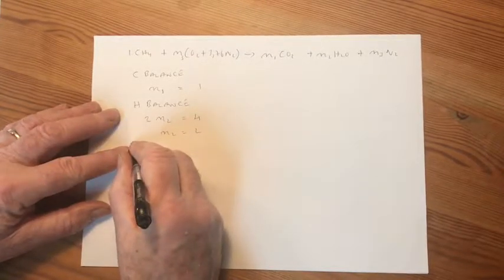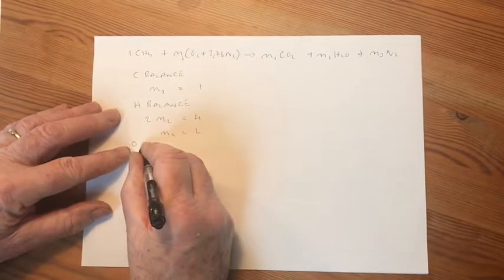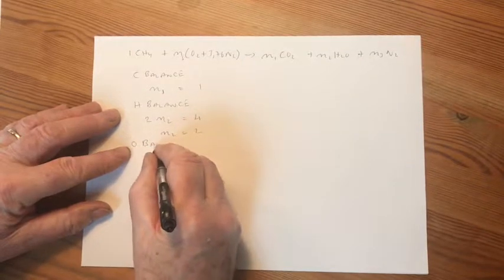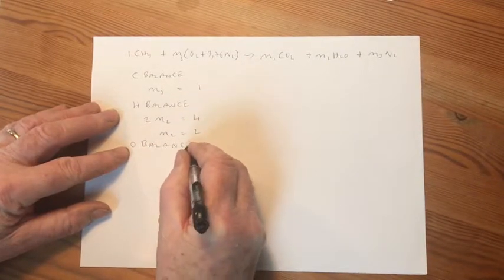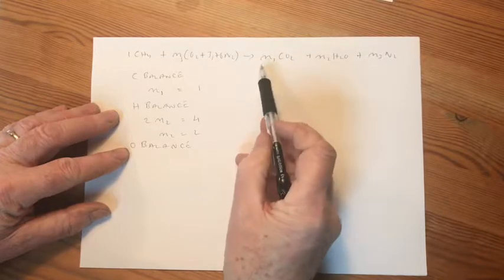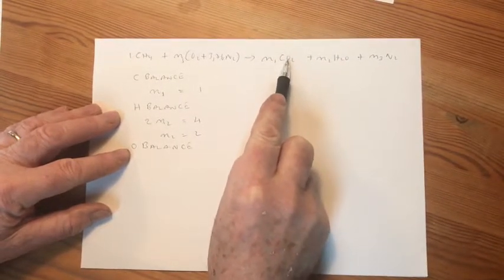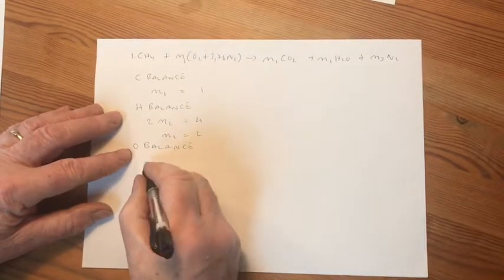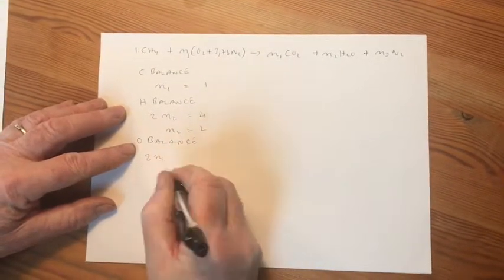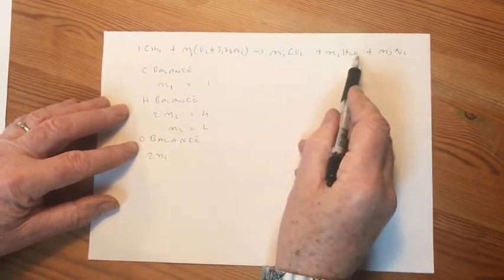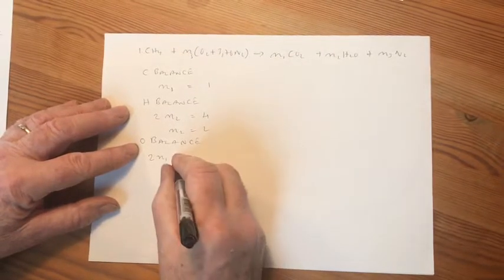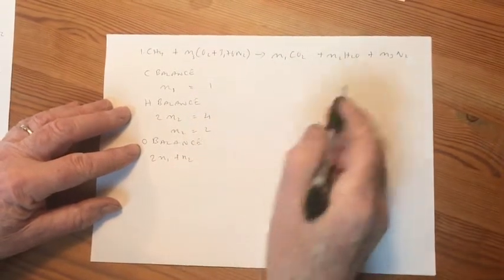Now what we do is we do the same thing for oxygen. So we have N1 and we have 2 oxygen atoms here. So we do 2 times N1. We have 1 oxygen atom here, so that becomes N2.